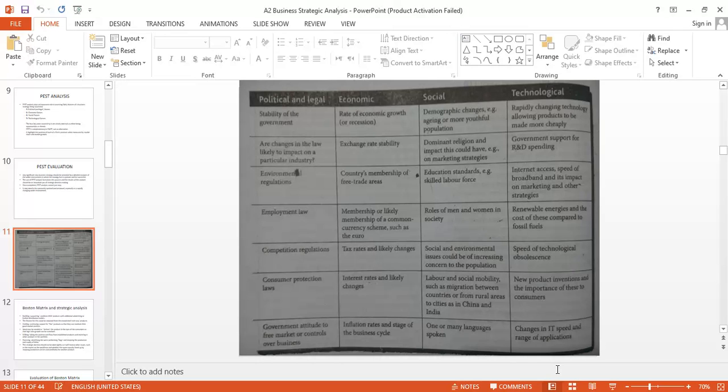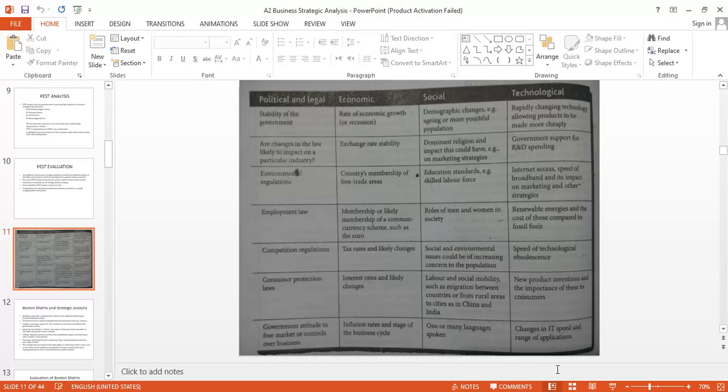All these things will have an impact on the business, and we will have to keep these factors in mind when we are making a long-term strategy for the business.